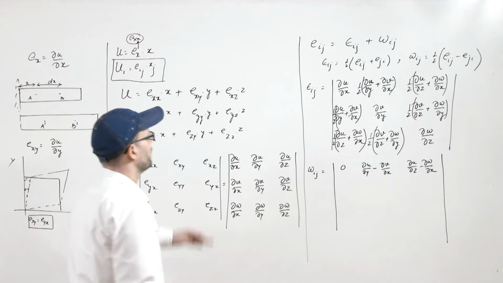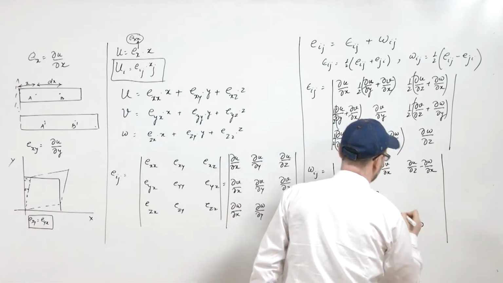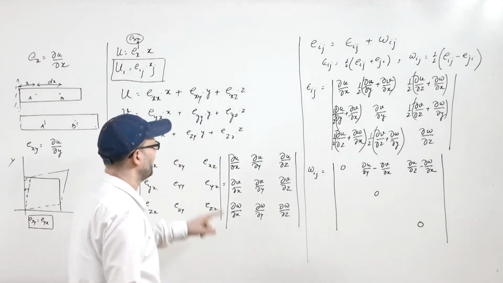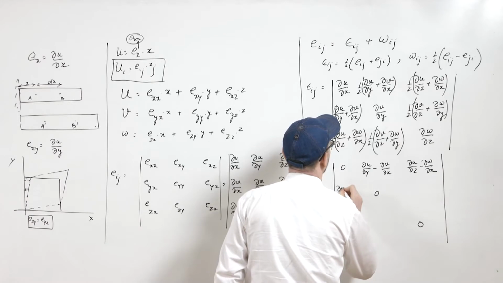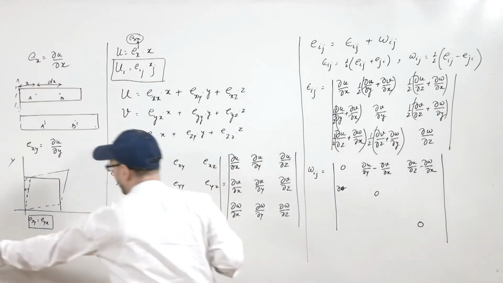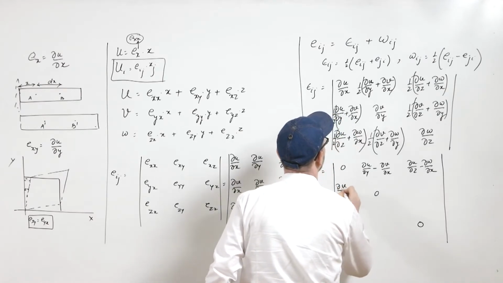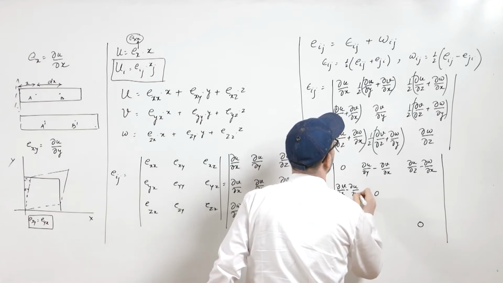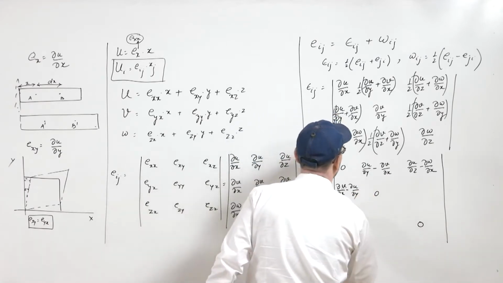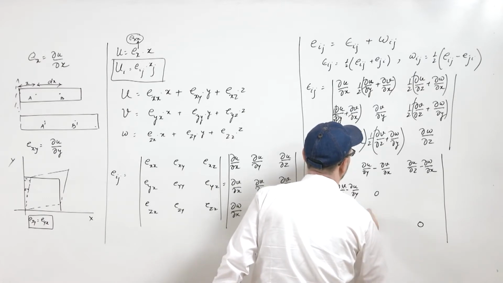So this way you will have the components here and here. Now in this case you will have again ∂v/∂x minus ∂u/∂y, and this will be ∂w/∂x minus ∂u/∂z.